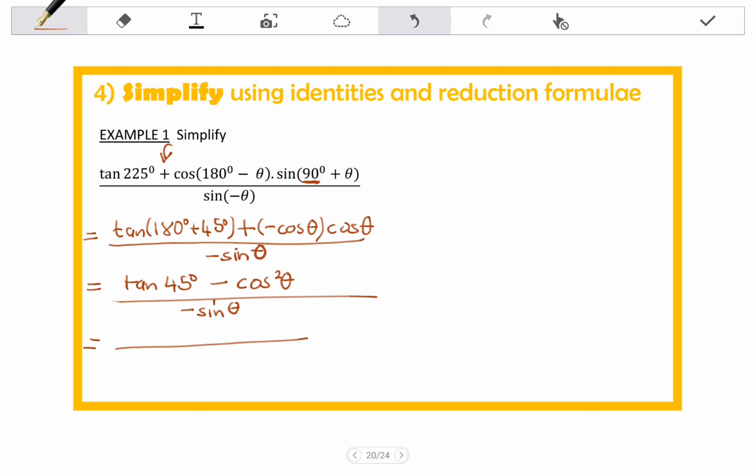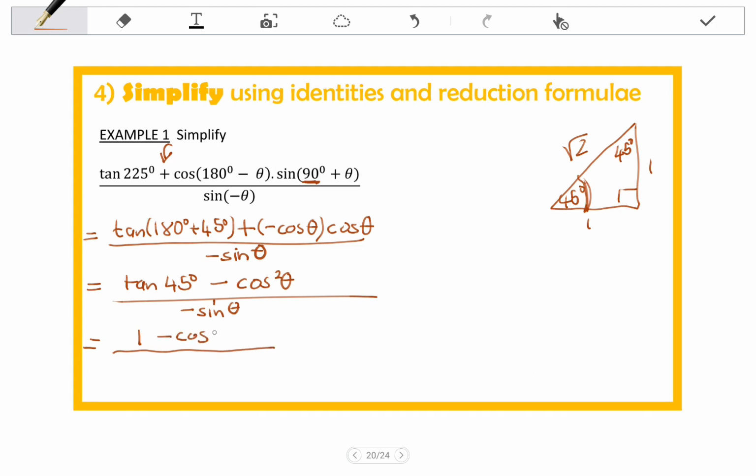Okay, now, so tan 45 degrees, 45 is a special angle, and if you remember your special angle triangles, you might actually just know the value for tan 45, which would be good. Okay, in case you don't, remember 45-degree angle, tan is opposite over adjacent, which is 1 over 1, which is 1. But tan 45 you might also easily know from the tan graph. Okay, so I have 1 minus cos theta squared divided by negative sine theta.